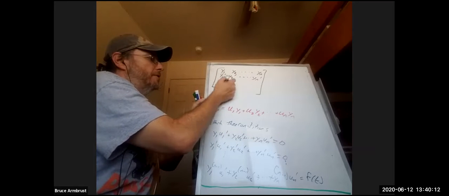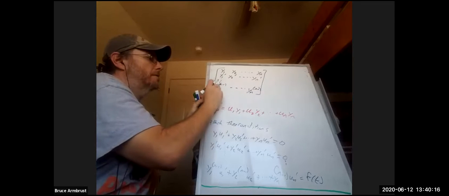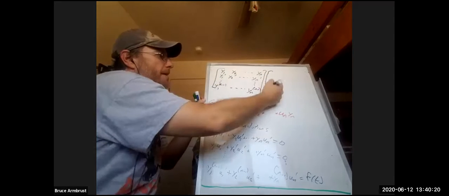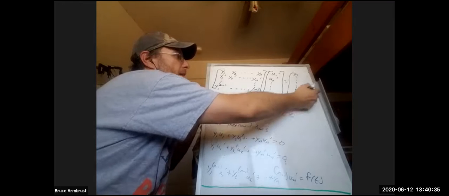And then we can carry this down to the n minus first derivative of each of these things. And that is now times u1 prime, u2 prime, down to un prime. And what that's going to equal is a whole load of zeros and then f of t.